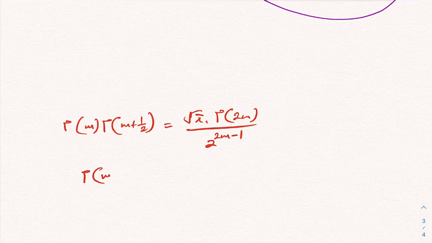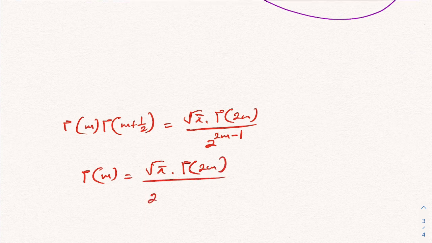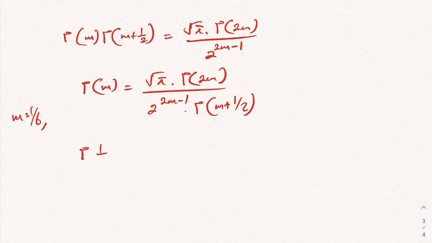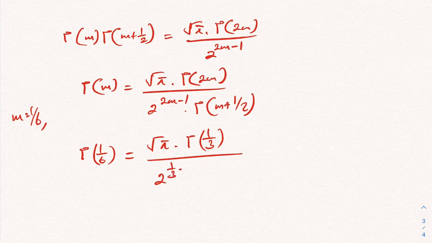We know gamma of m is equal to square root of pi times gamma of 2m over 2 raised to the 2m minus 1 times gamma of m plus 1 half. Now if we plug in 1 over 6, we have gamma of 1 over 6 is equal to square root of pi times gamma of 1 over 3 over 2 raised to the 1 over 3 minus 1, gamma of 1 over 6 plus 1 half.